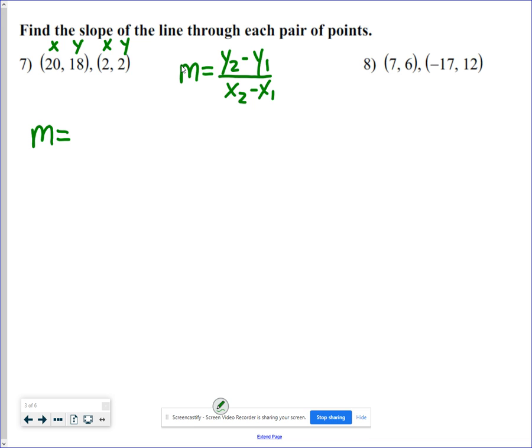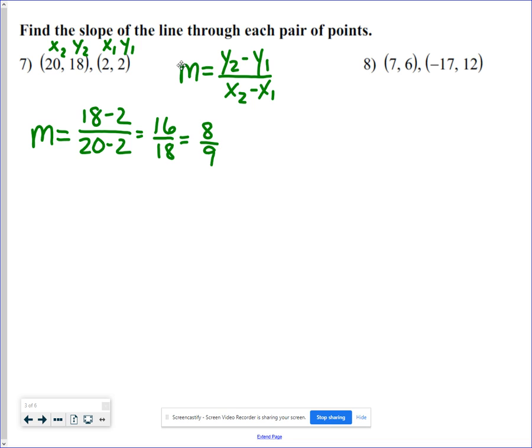The way that I would choose to do this is I would make these my 2s and these my 1s. And when I do that, I would have 18 minus 2 over 20 minus 2, just putting my numbers in the right spot, which would give me 16 over 18, which gives me 8 over 9.